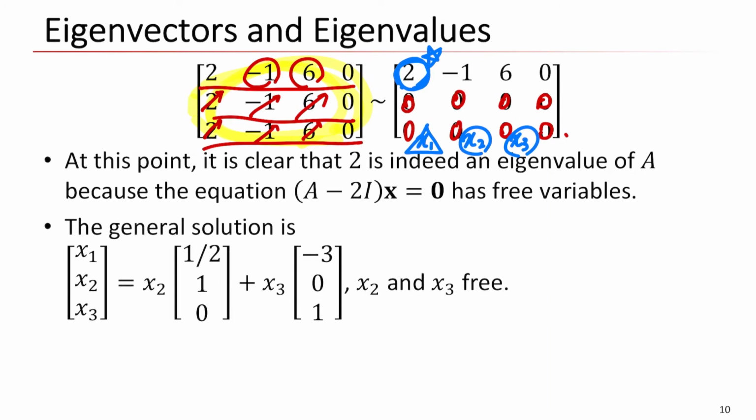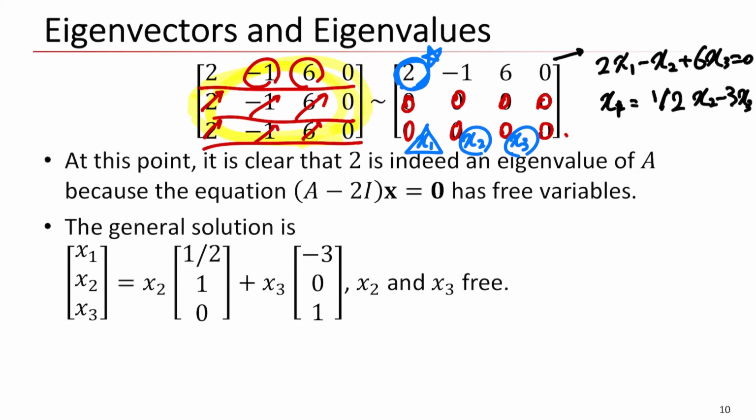Then we can represent the solution vector x in terms of x2 and x3, right? How? Okay, from this first row, we can find the one equation as x1 minus 2x2 plus 6x3 is equal to 0, right? So x1 is equal to 1 over 2 x2 plus minus 3x3, right?